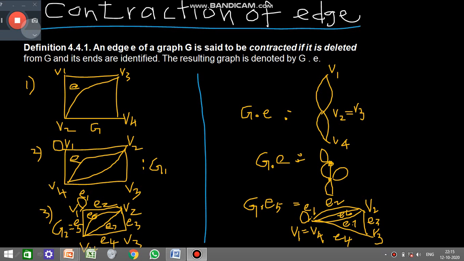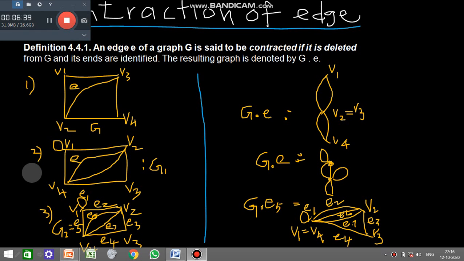And then you come to the second picture there. Again, if E is contracted, in the second picture, this is a loop. V1, V2, V3, V4 are the vertices.